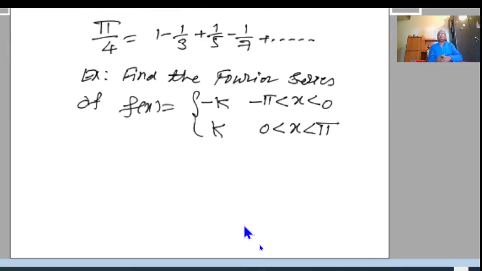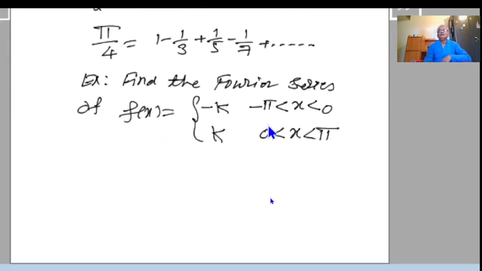So here, minus pi less than x less than 0 means if x is negative, f of x is minus k, and if x is positive, f of x is plus k.